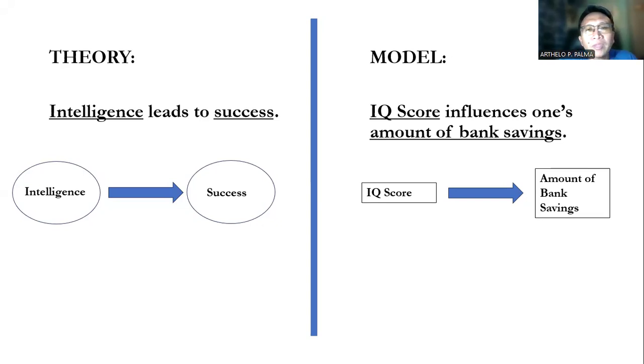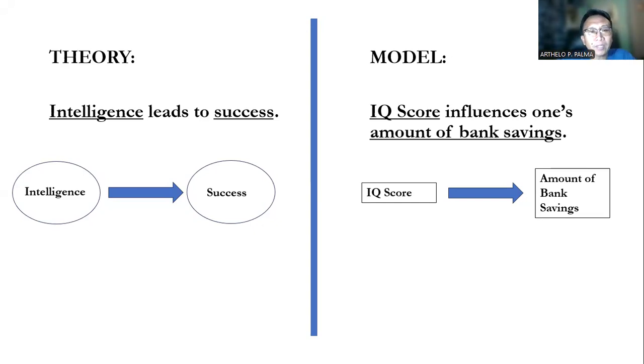So it leads you to create a model, because you want to know if this will work. You are proposing now a model, which of course you will have to test later by data gathering and by applying a specific statistical tool.